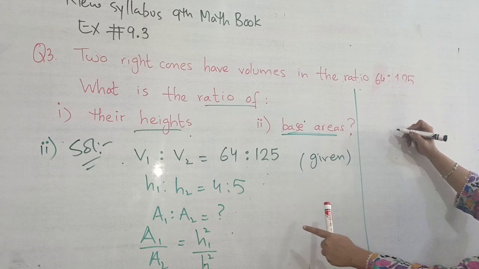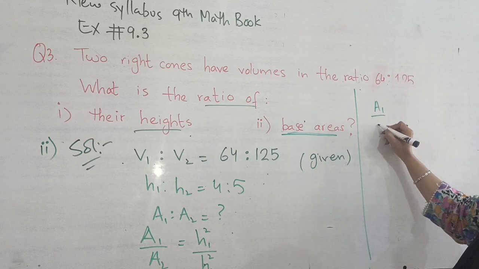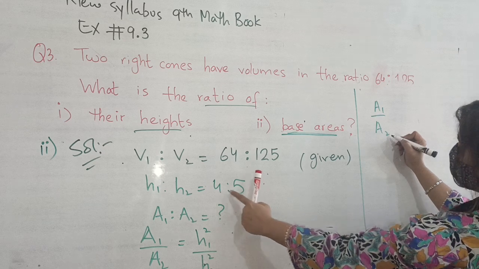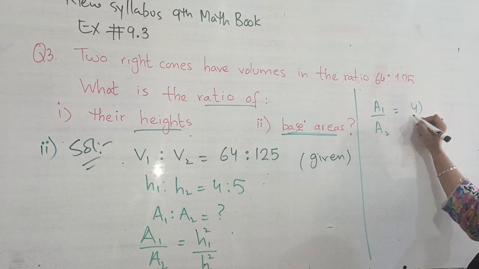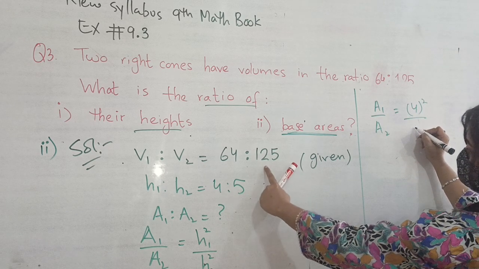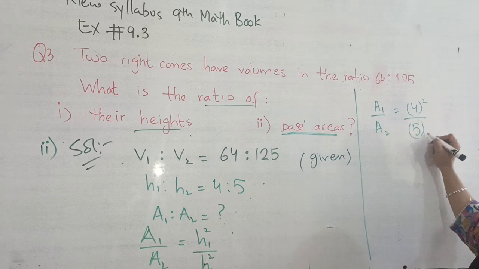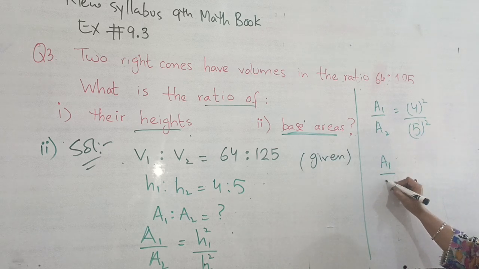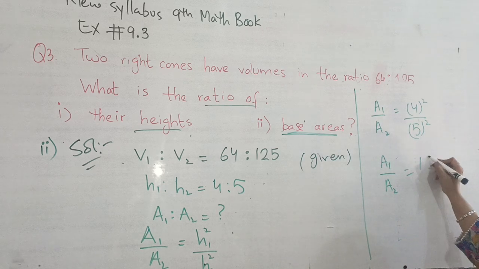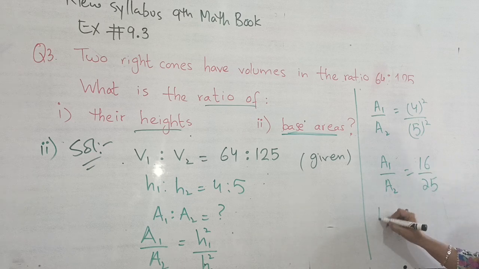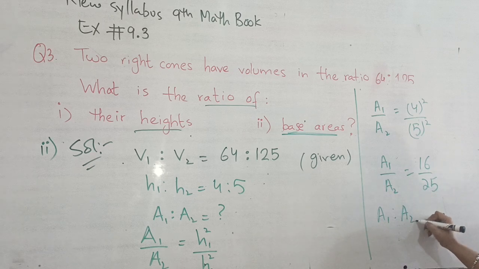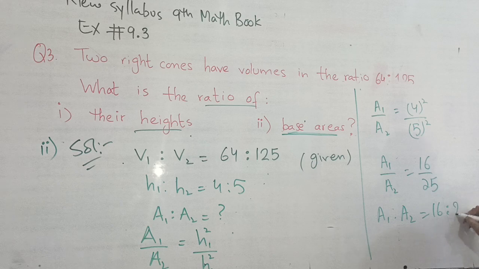Now we will put the values of H1 and H2, that is 4 and 5. 16 over 25, and in ratio we will write this as 16 to 25.